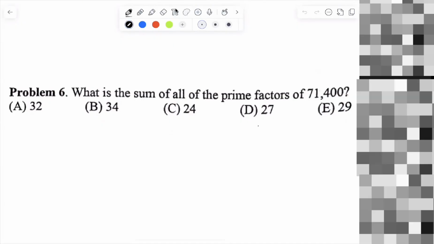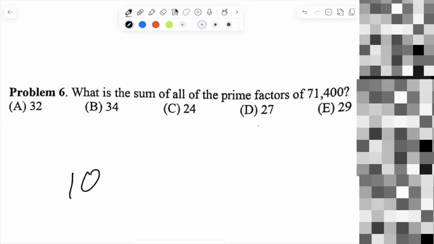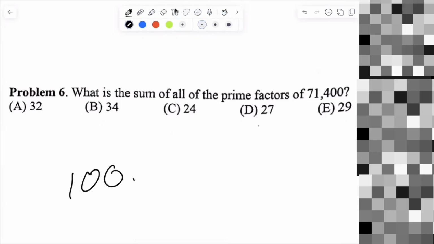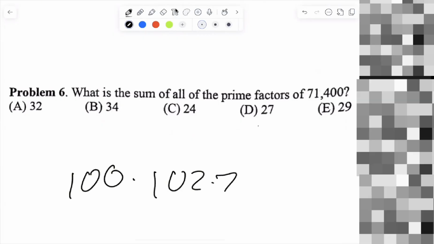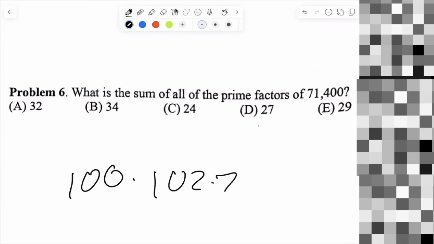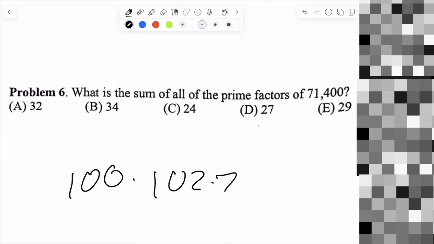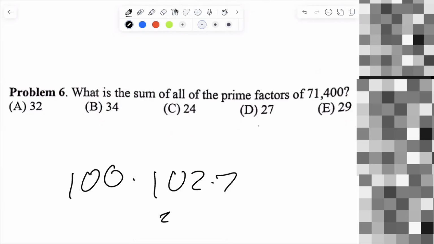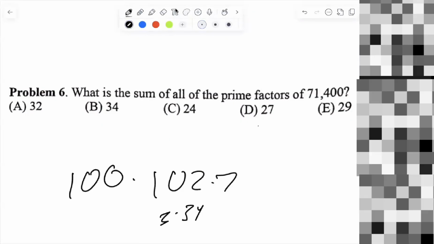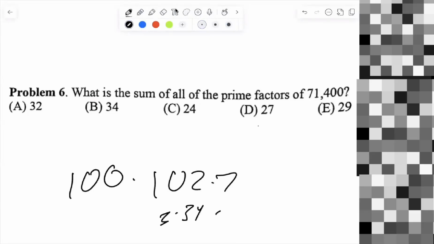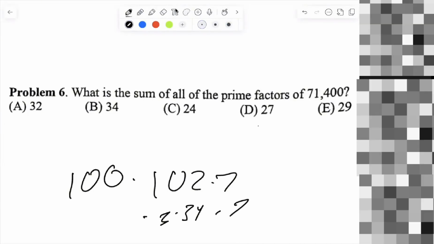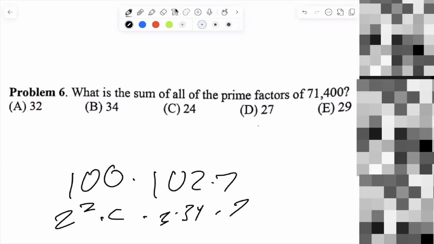Well, we can split this to 100 times 402 times 7, which we can continue to split up to 3 times 34 times 7 times 2 squared times 5 squared.